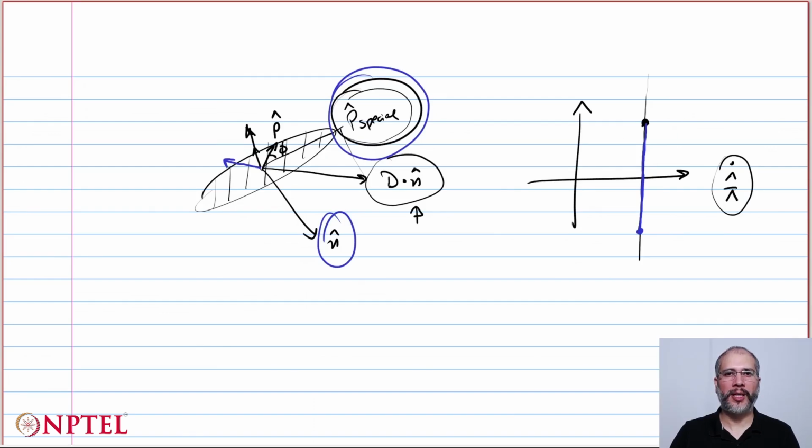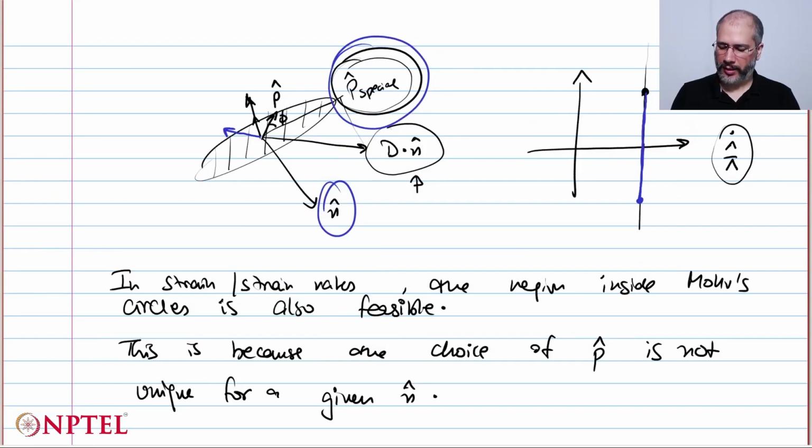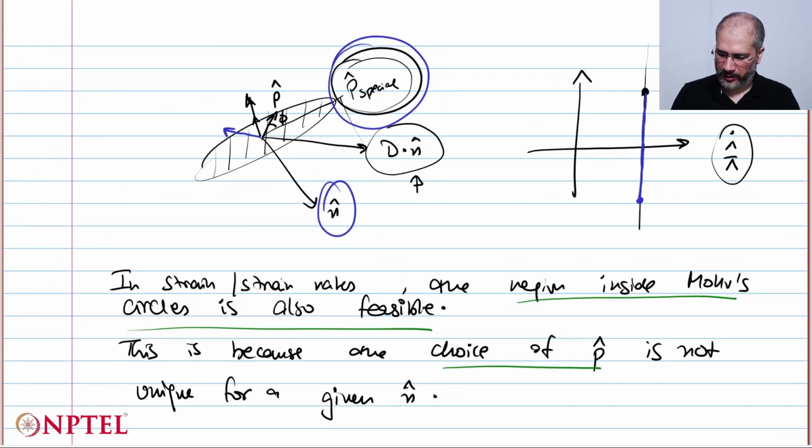But one must understand that there is a subtle difference between the Mohr's circles for strain or strain rates and the Mohr's circles for stresses. I'll just summarize that the region inside the Mohr circles is also feasible, and this is because the choice of p hat is not unique for a given choice of n hat in strains.